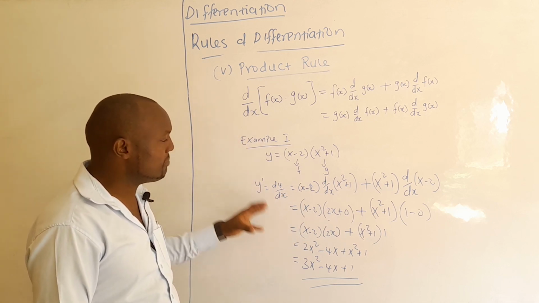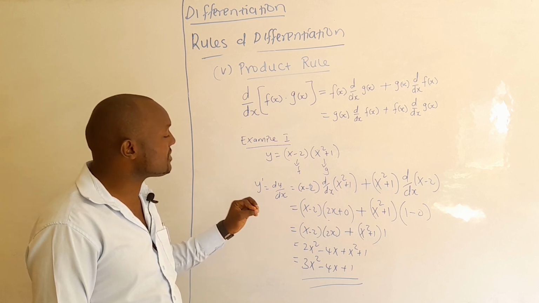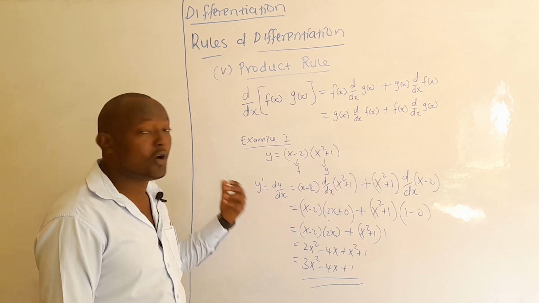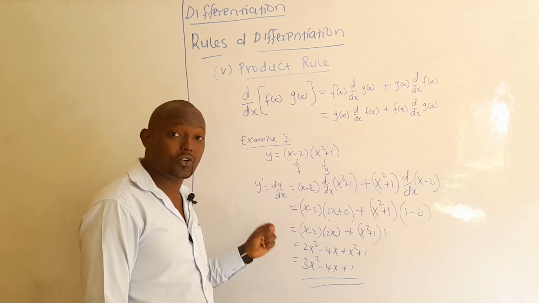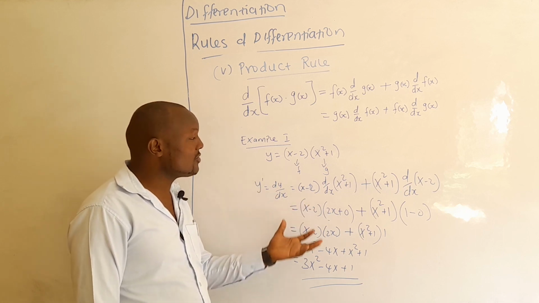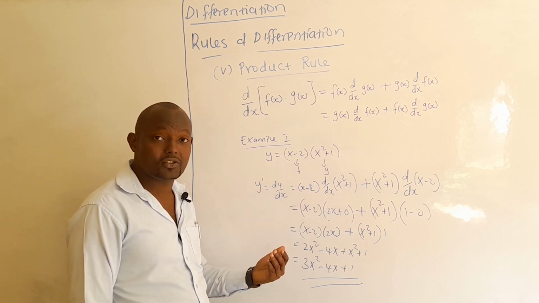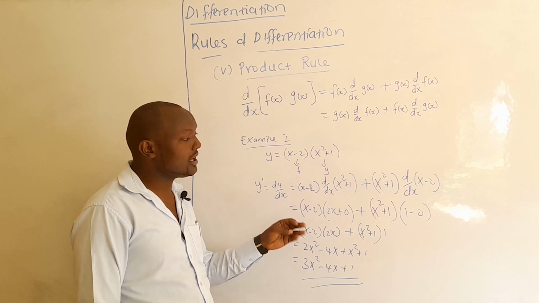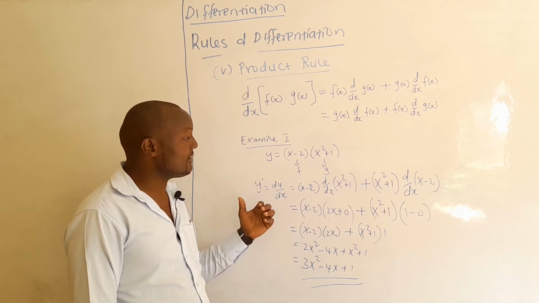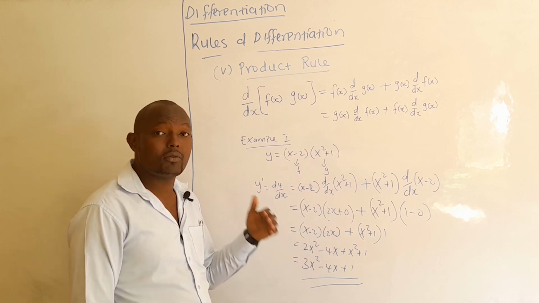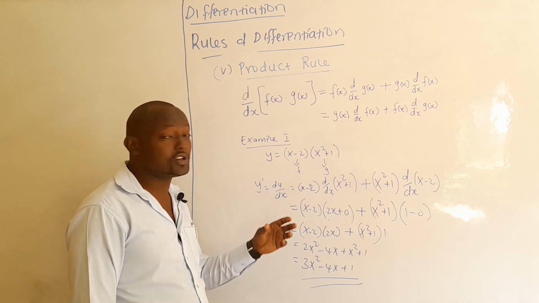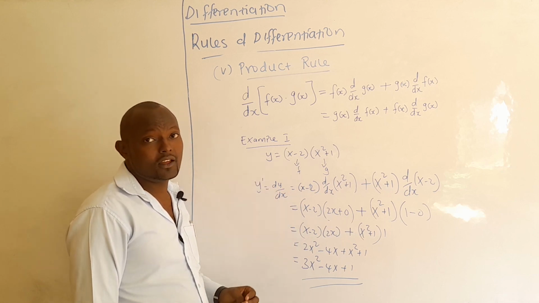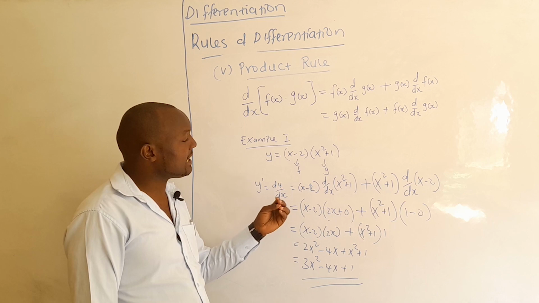So you need to familiarize yourself with this basic. You need to do more examples on this one. Maybe we can do another example for more clarification. When you do more examples, it will be much easier for you to solve even complex equations when it comes to calculus.